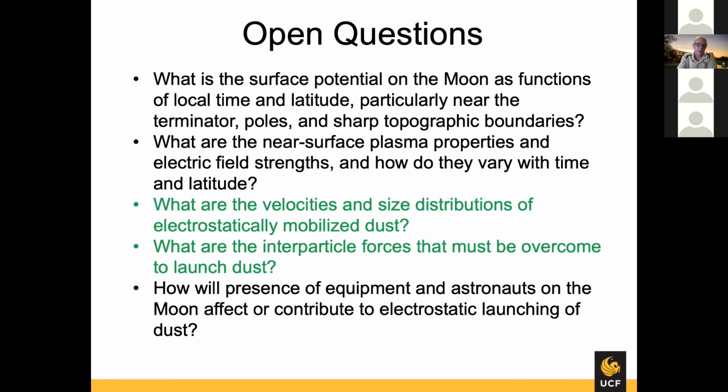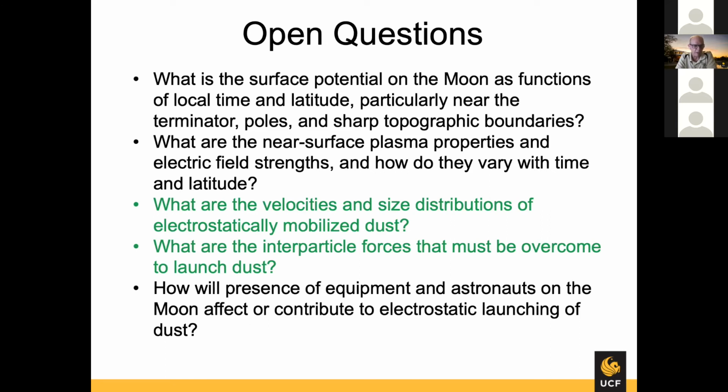So, of course, we're still sort of in early days of studying this. There have been some beautiful experiments done and some numerical simulations, but we don't have a very clear picture about what the surface potential is like over the course of a lunar day at regions, for example, near the pole and near sharp topographic boundaries.